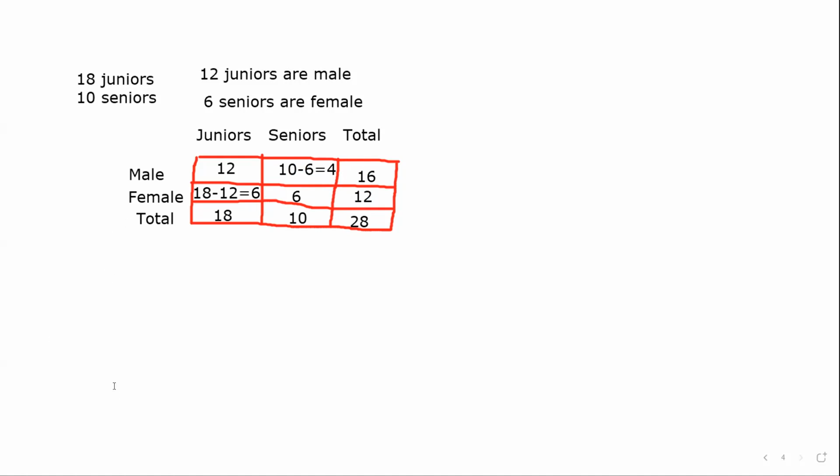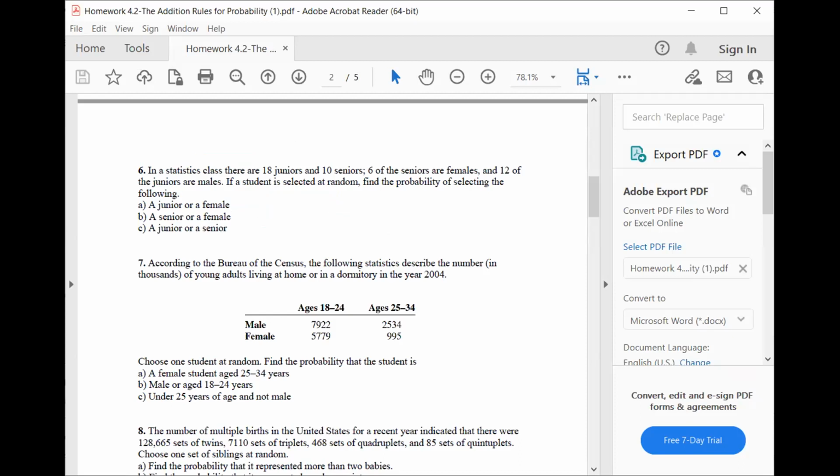So let's look to see what probability they want us to get. I think we have a couple of questions to answer about this. Let's take a look at it. There's the homework: a junior or a female? Now, ask yourself, are these overlapping categories, junior and female?